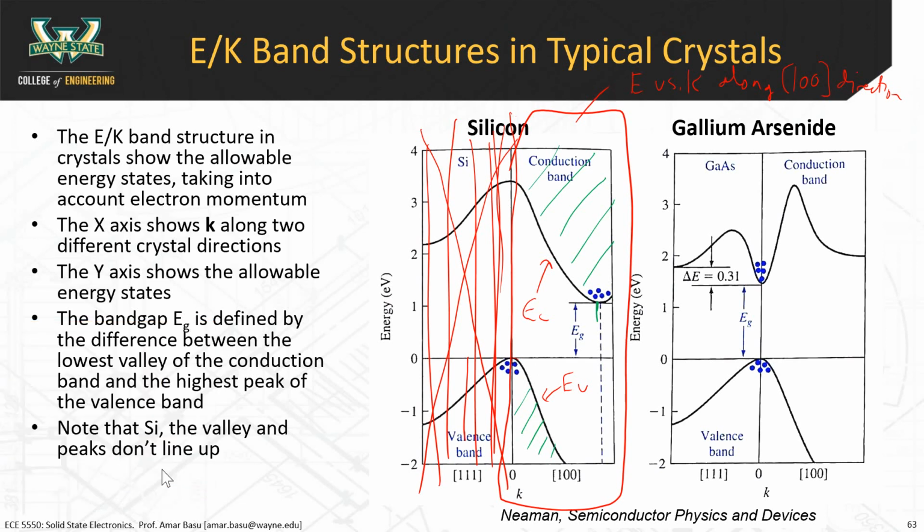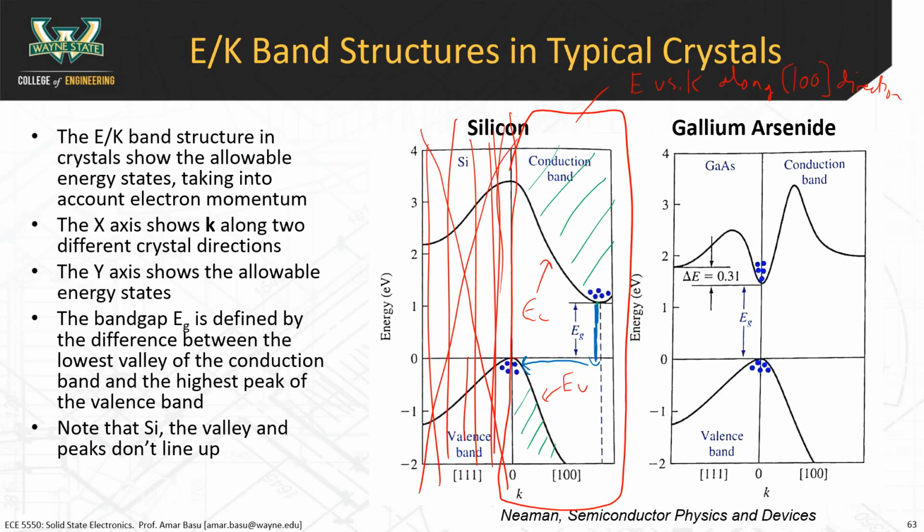I'll draw this in blue. The electron will lose some energy here, and then it will lose momentum like this. So an electron in the conduction band in silicon, interestingly, has to have a high momentum state.